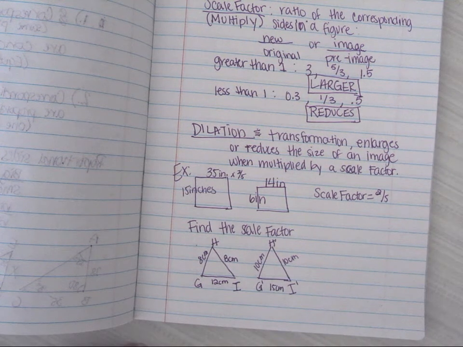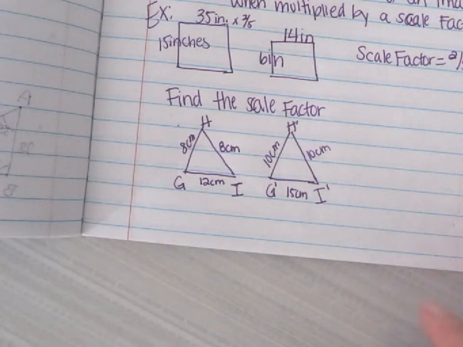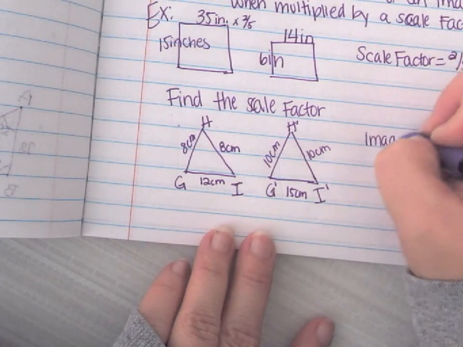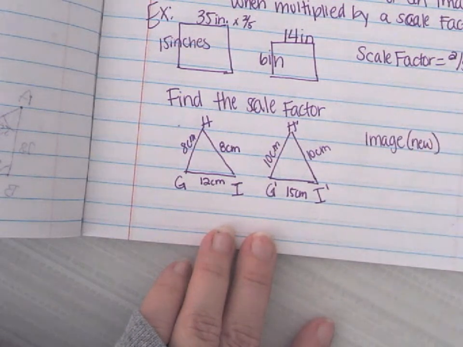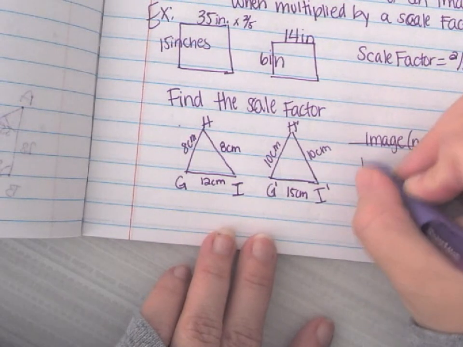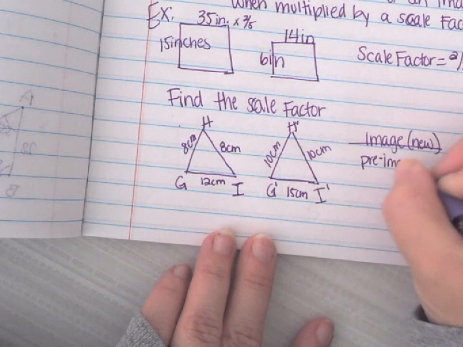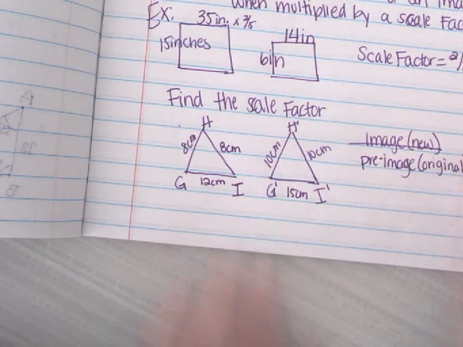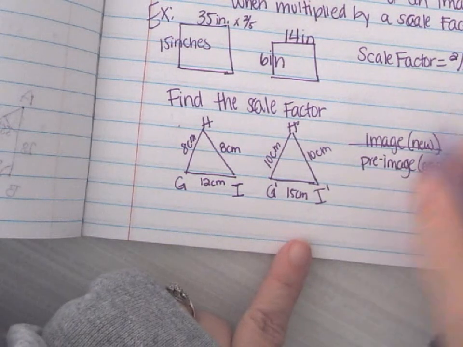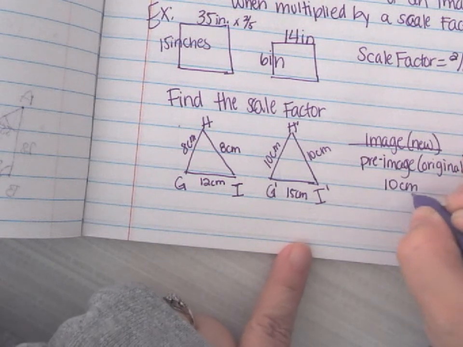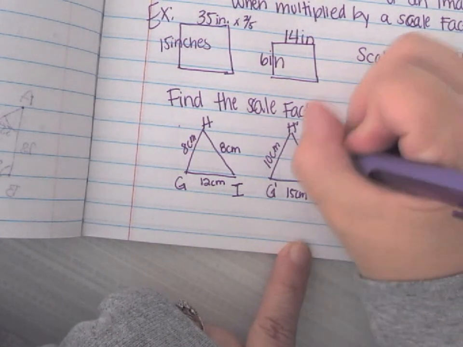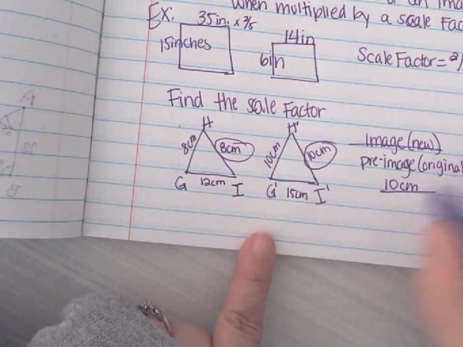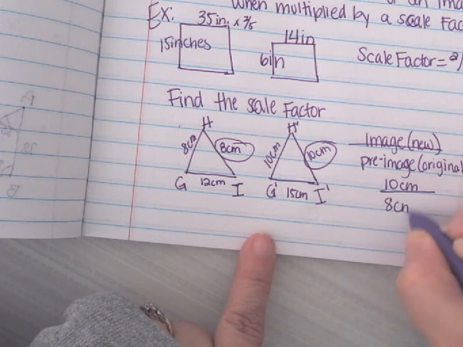And I want to know my scale factor. Remember that we are doing our image, which is the new, over our pre-image, which is the original. So you're just going to take one side length. I'm going to do 10 centimeters over its corresponding side, which has to be in the same spot, 8 centimeters.